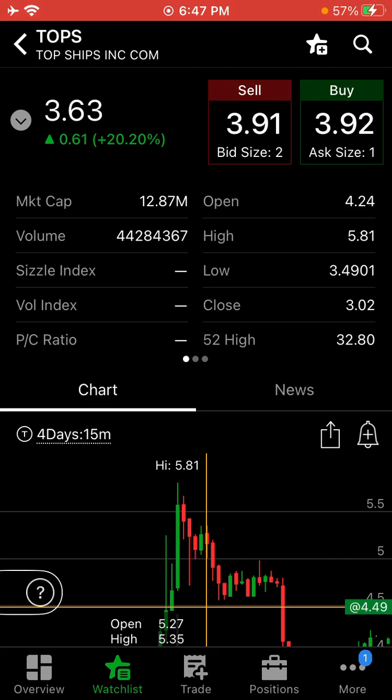And maybe it might rotate through its cap about 12 to 13 times. So the next time I'm looking at a stock with a similar market cap, maybe between 10 to 20 million, I can have this number in mind.